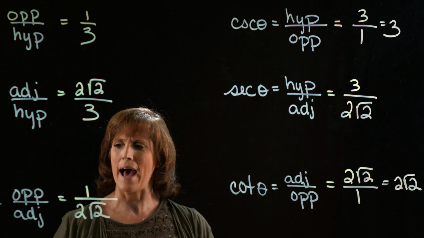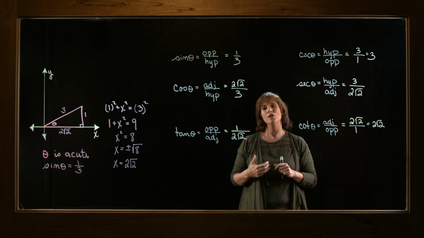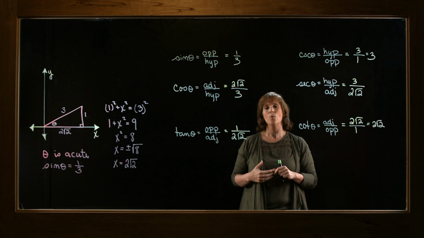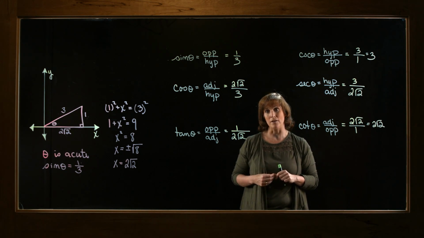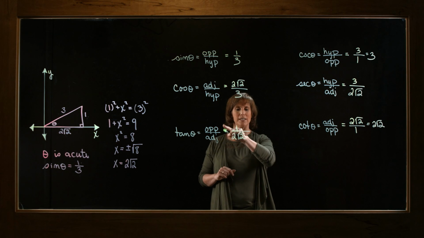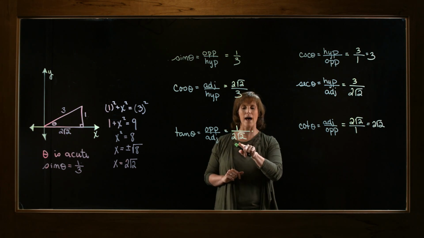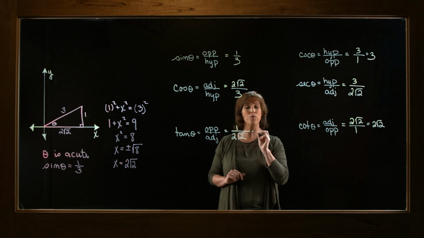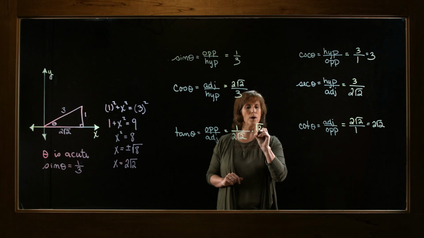One other thing to point out. Many times you like to have your answer written without any radicals in the denominator. If you want to, we're going to look at the tangent as an example, you can multiply your answer by 1. And the form that 1 will take is the square root of 2 over 2.